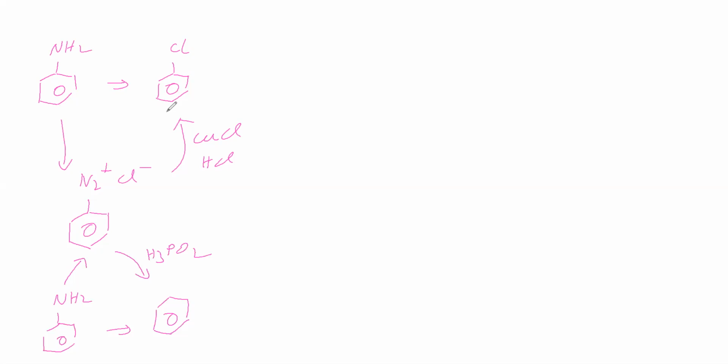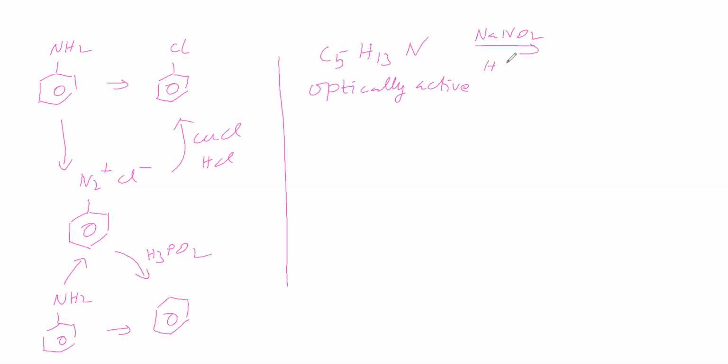Next, we will see the compound C5H13N, which is an optically active compound. This is taken for diazotization with NaNO2 and HCl.